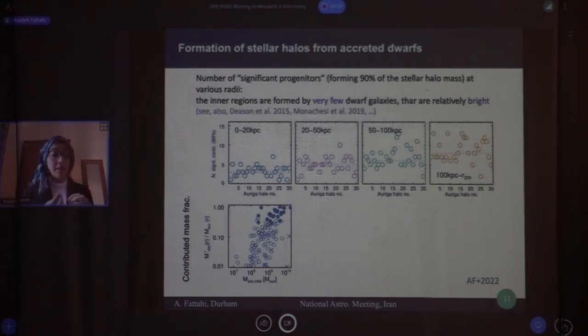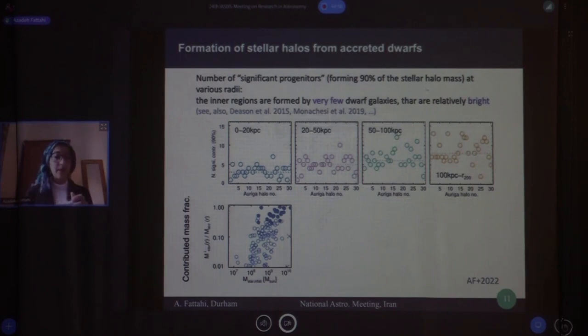The dynamical friction is actually caused by the extended dark matter halo of these objects. The dynamical friction causes the objects to sink to the middle. That's why if you have a massive object, most of its mass is concentrated around the center and it forms most of the mass in that region, because dynamical friction causes the orbits to sink in towards the center.